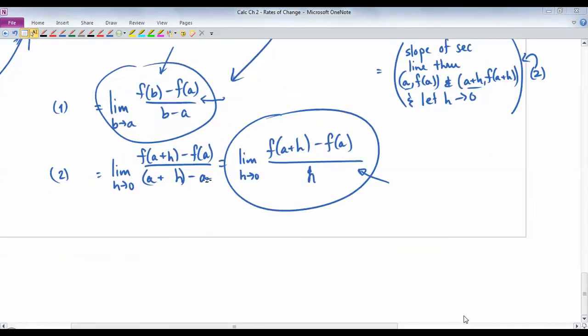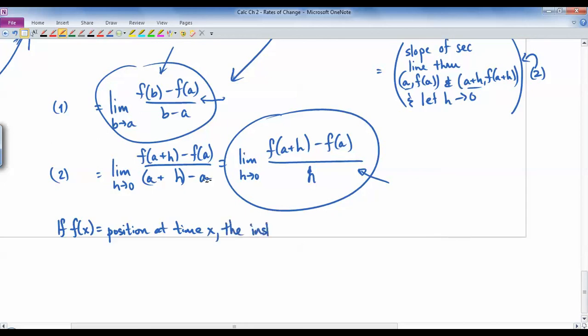Okay, so I thought of one more thing that I wanted to add. If f of x equals your position at time x, then what we figured out also was that the instantaneous rate of change of f, well, that's really going to be a change in position over an instant change in time.